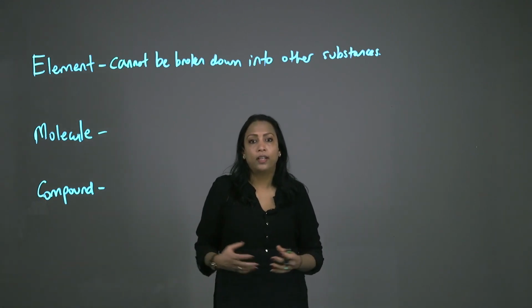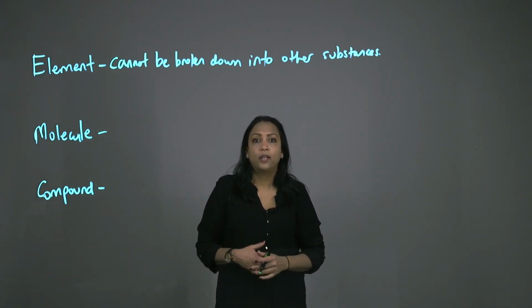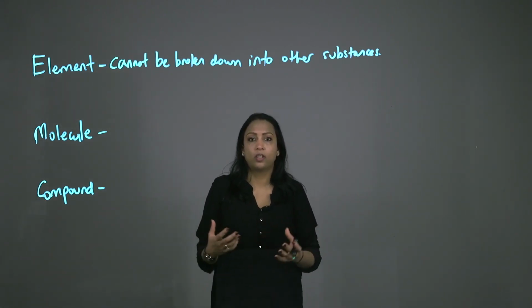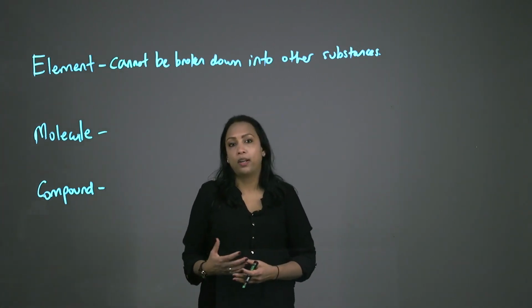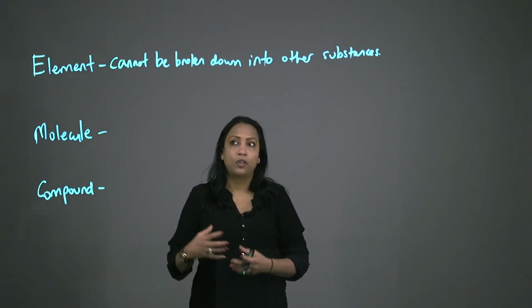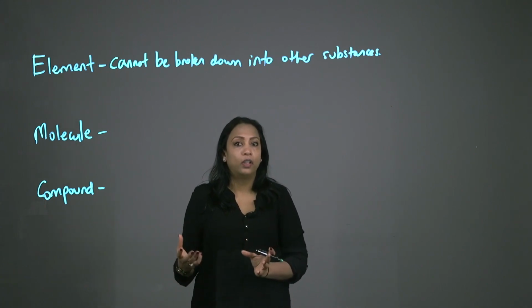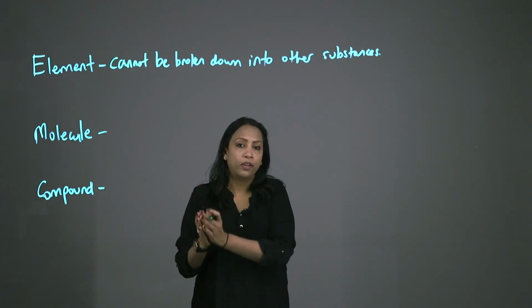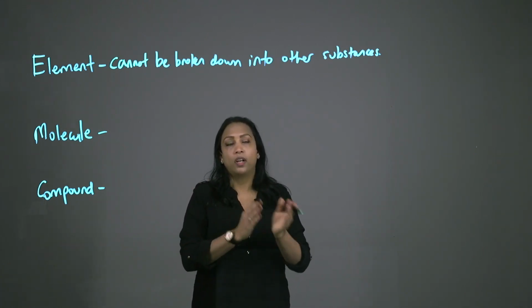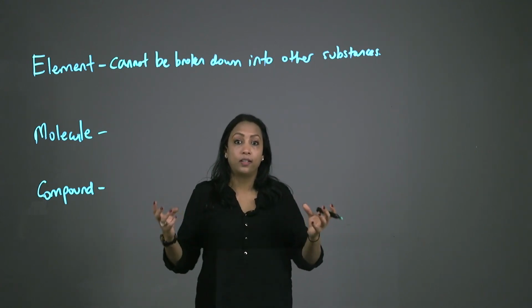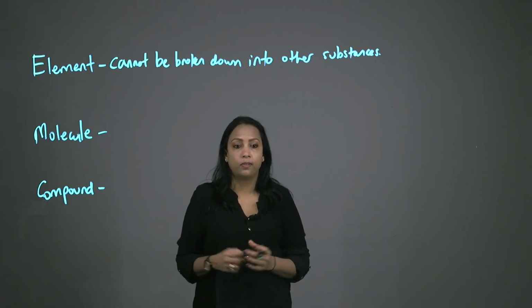We already know that elements comprise of atoms, and we have explored the basic structure of the atom, and we know that they comprise of subatomic particles. So when we say cannot be broken down, remember that we're referring to the fact that it can't be broken down into other substances without losing its own chemical and physical properties.